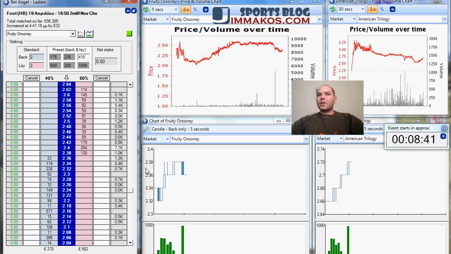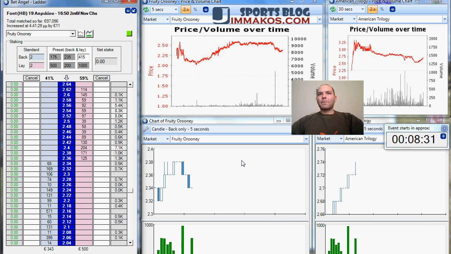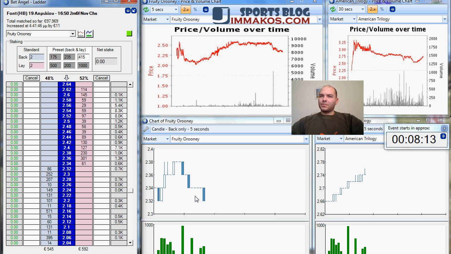I don't remember if I actually traded the second horse in that video, in that race. So nothing is happening right now as the liquidity is below 100,000 euros, and with 8 minutes until the start of the race.